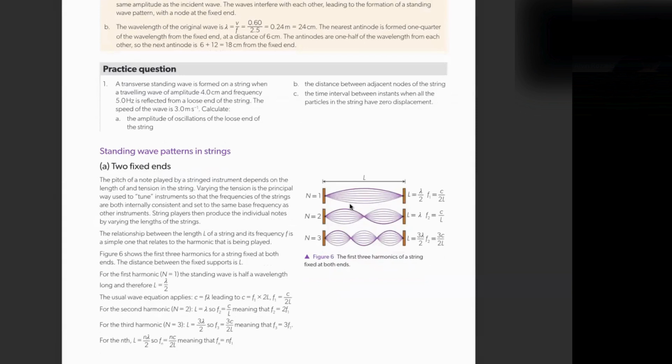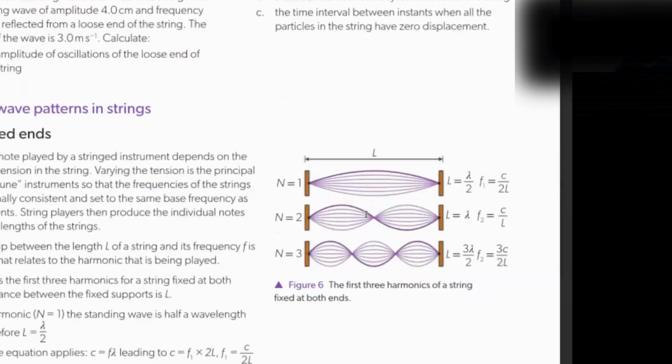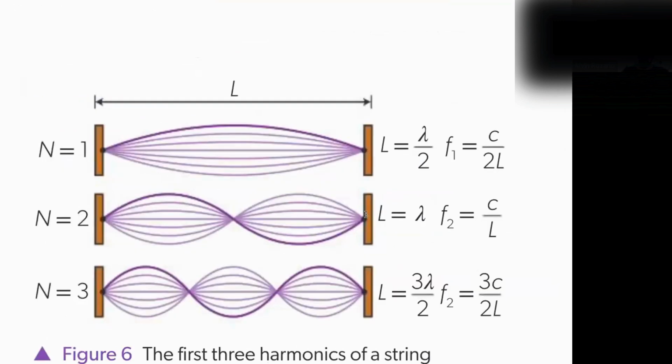Now, look at this diagram. You can see waves vibrating. What's the difference between these three waves? The number of oscillations present. Very good. So what is happening here?